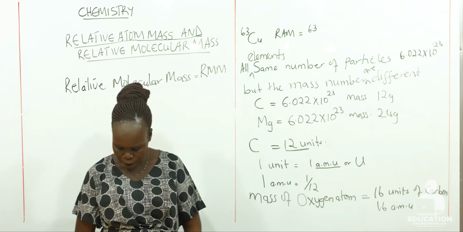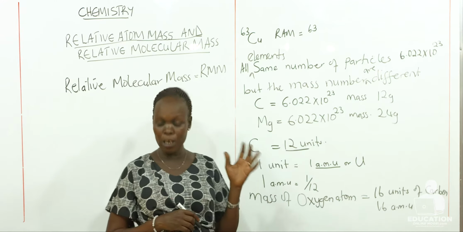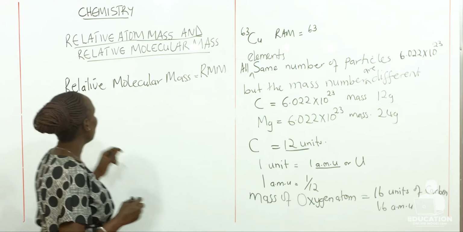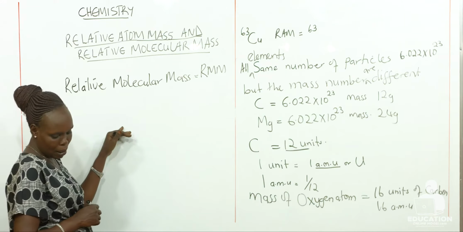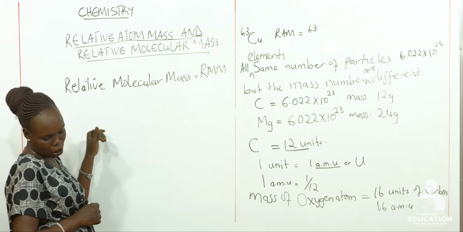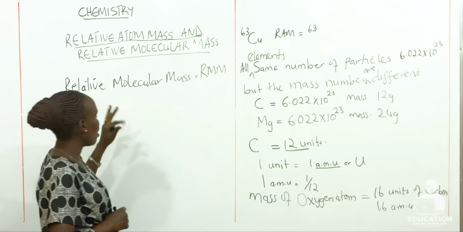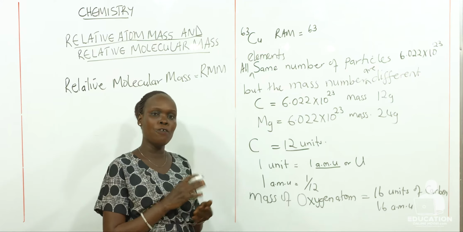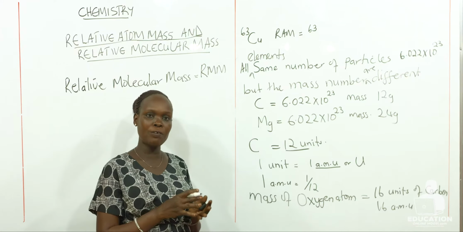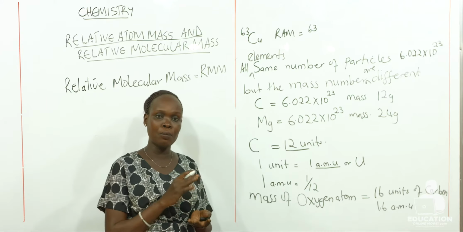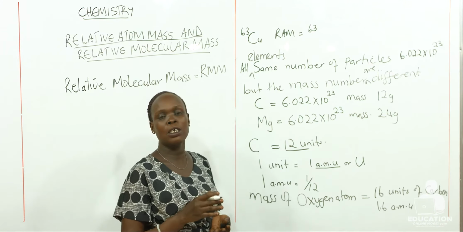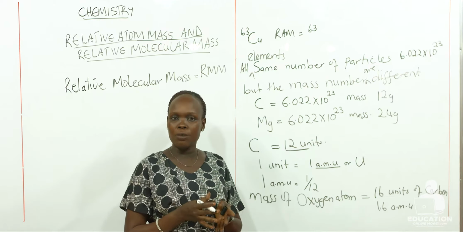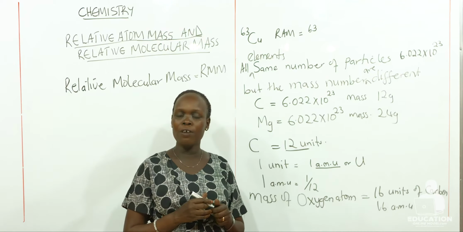So the molecular mass of a compound is the sum of all the atomic masses of each atom in the formula. So the relative molecular mass here, we are referring to the atomic masses of the atoms that form the compound. So we have to get the sum of the atoms present in the compound, or in this ionic compound, or the molecules, then we add them together to give us the relative molecular mass.